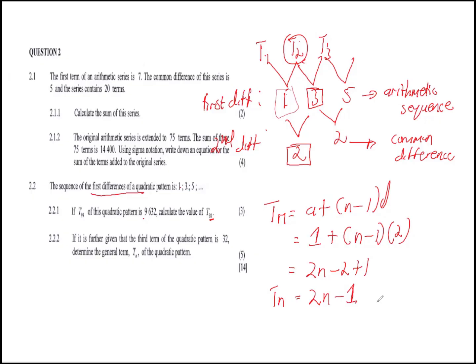But remember, what are we trying to find? We are trying to find T98. We are being told if T99 of this quadratic pattern is this, then calculate T98. So let's see, T98 will be equal to 2 multiplied by 98 minus 1.